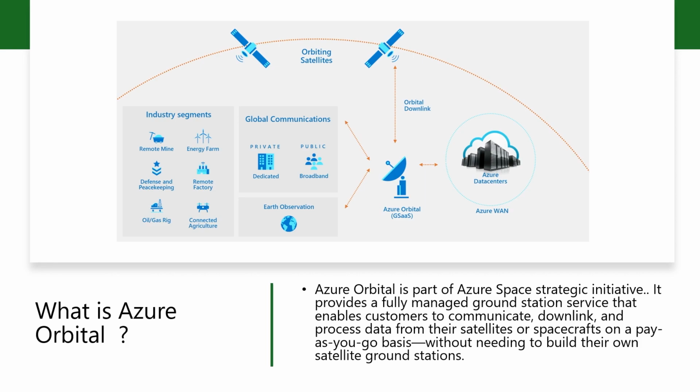With Azure Orbital, organizations can leverage Microsoft's global network of ground stations to downlink data from satellites, uplink commands and instructions to the satellites, and perform various other communication tasks. This service simplifies the process of establishing and managing ground station infrastructure, reducing the barriers to entry for organizations wanting to participate in the space industry.